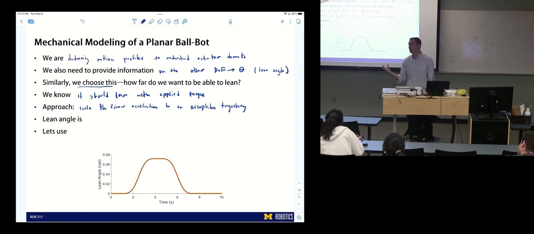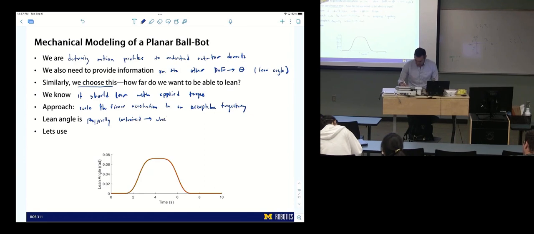Well, when we know lean angle is constrained, we know it can only lean so far before the ball loses contact, and then it sort of falls apart. So lean angle is physically constrained from the wheels losing contact.